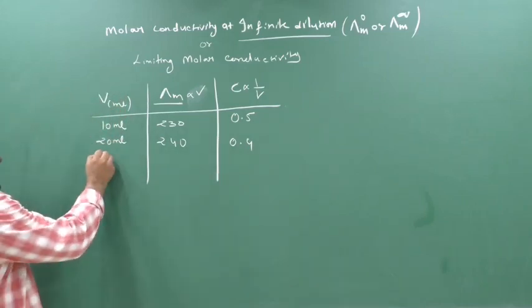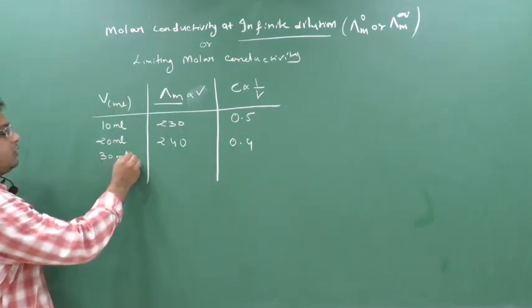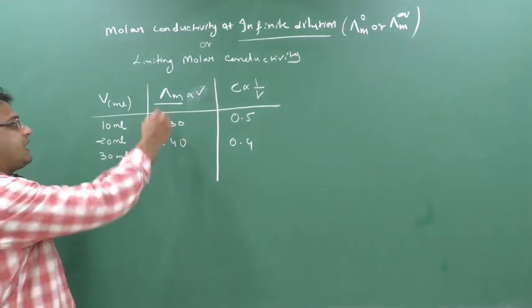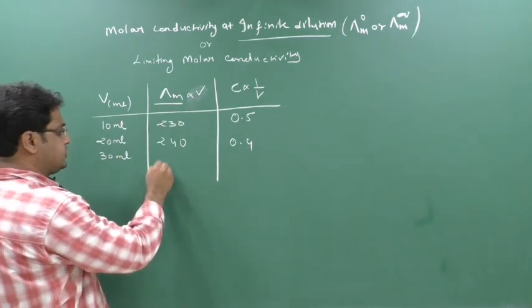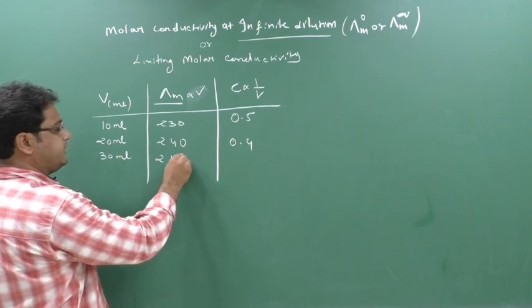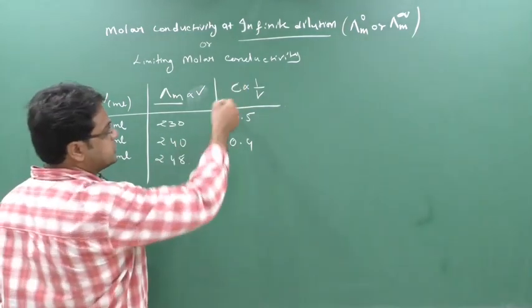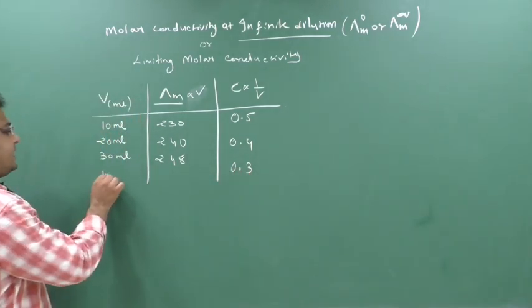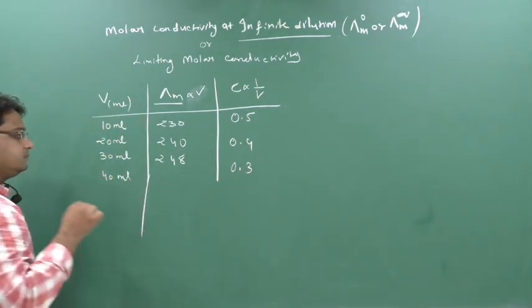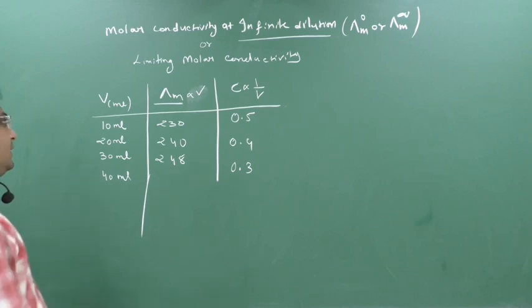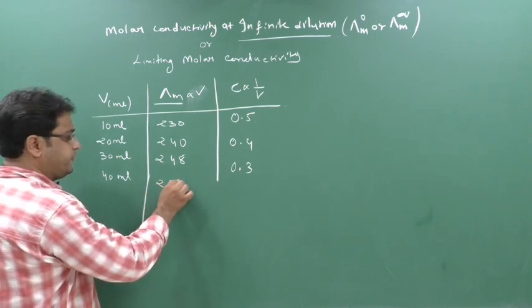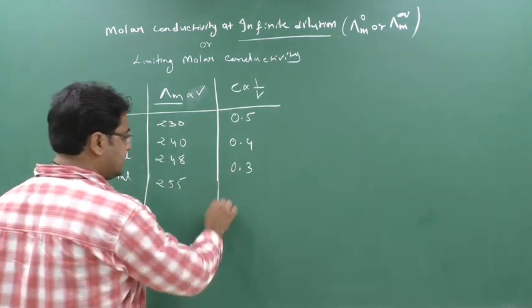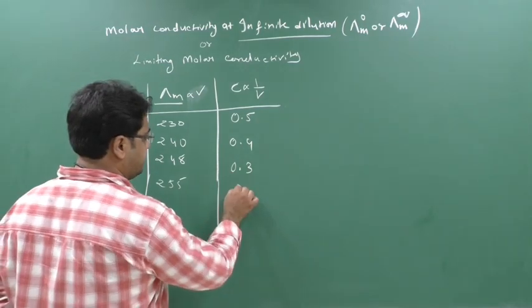Clear? Then I add another 10 ml, say I get 30 ml. My lambda m value will increase because it is directly proportional, so I got 248, suppose. But concentration will decrease, say 0.3. Then I add 40 ml, lambda m increases to 255, suppose, but concentration decreases, say 0.1.